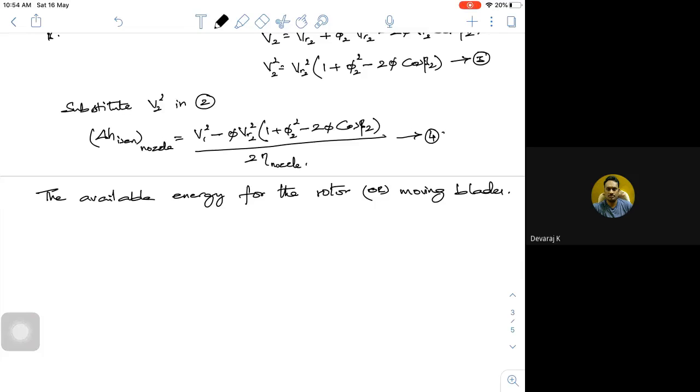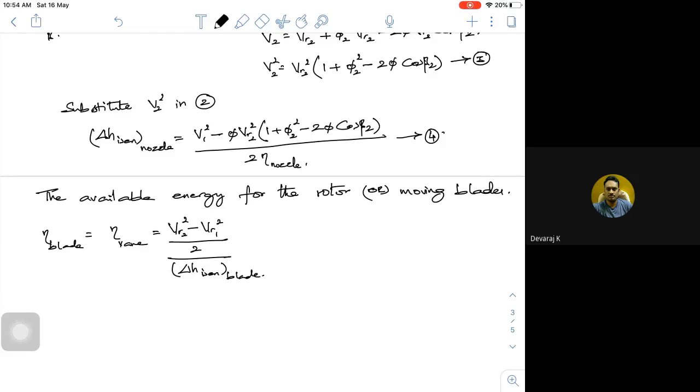Then your blade efficiency, or vane efficiency, both are the same, is equal to VR2 square minus VR1 square divided by 2 into the isentropic drop in the blades.